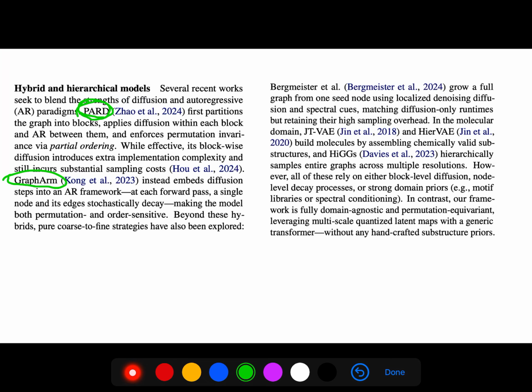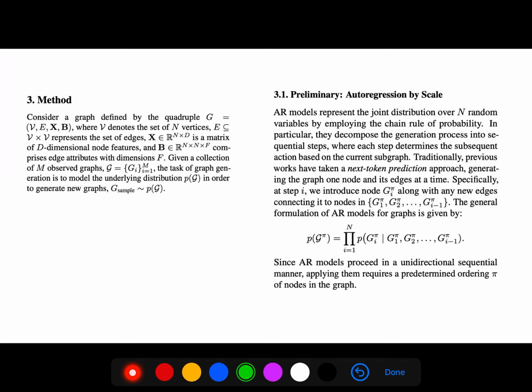Beyond these hybrids, pure coarse-to-fine strategies have also been explored in this reference that grow a full graph from one seed node using localized denoising diffusion. So all of these rely on either block-level diffusion, node-level decay process, or strong domain priors such as motif libraries. But our framework is different.